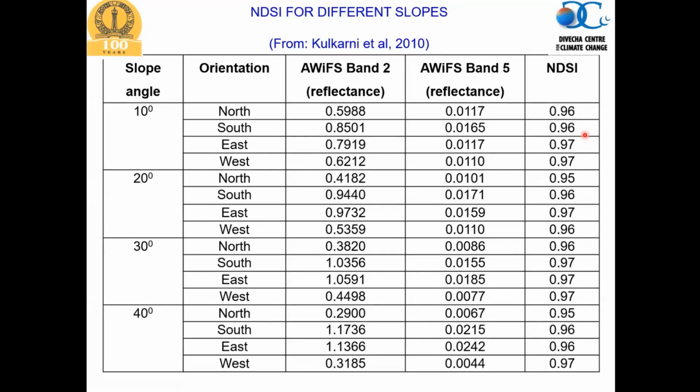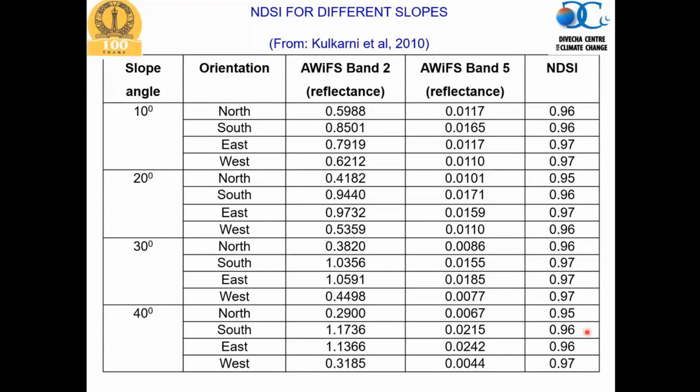So you can see that there is a lot of variation in reflectance in bands 2 and 5, but NDSI values are really within 0.5 to 0.7, and that variation is possibly because of the way the experiment was set up. I have not shown you the experimental setup, but it was a very unique experimental setup.